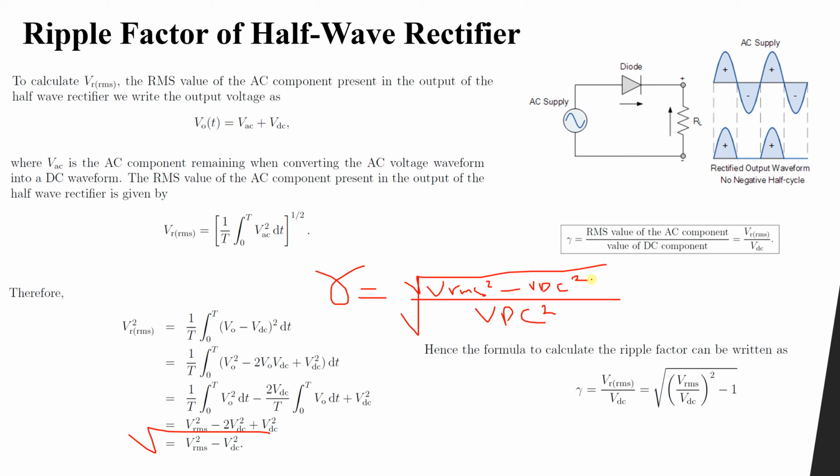So this part will be minus 1 and this part will be VRMS over VDC all squared. This formula is the one used to get the ripple factor.